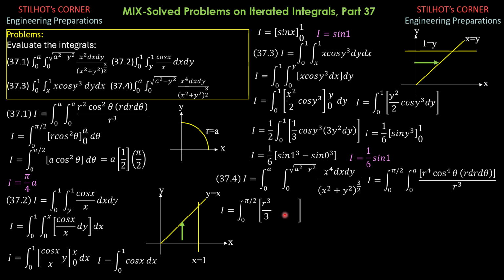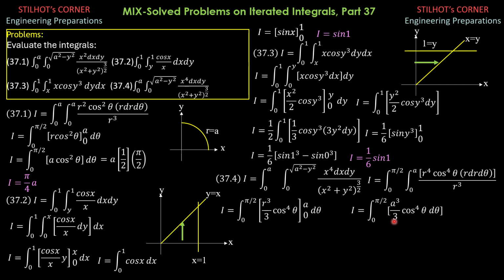So r cubed over 3 cosine to the fourth theta, then from 0 to a d theta. So this would be a cubed over 3 minus 0, so it's still a cubed over 3, from 0 to pi over 2 of cosine to the fourth theta d theta.